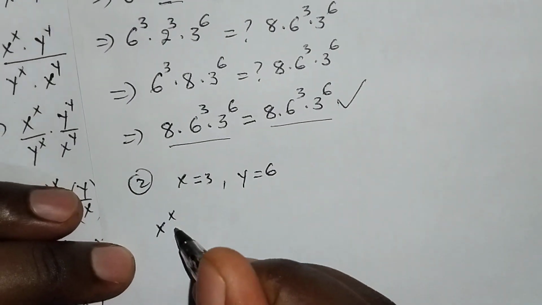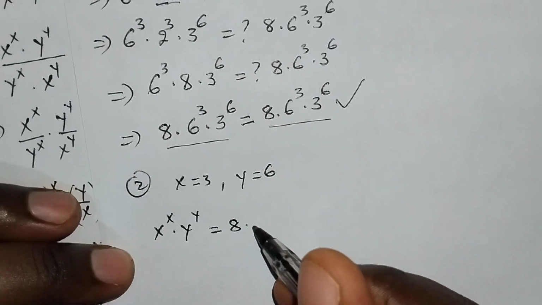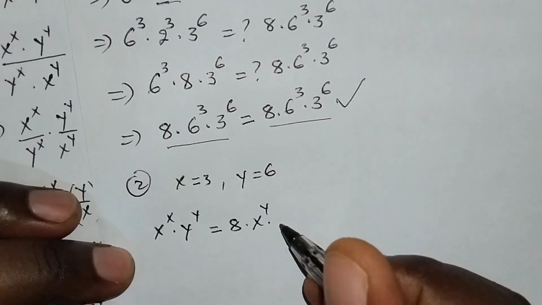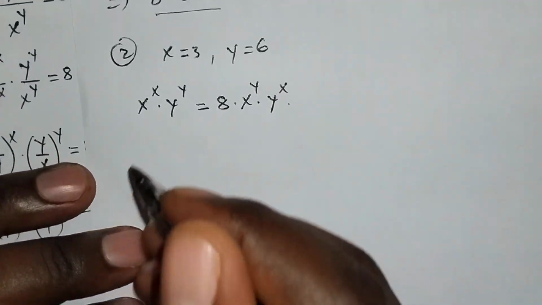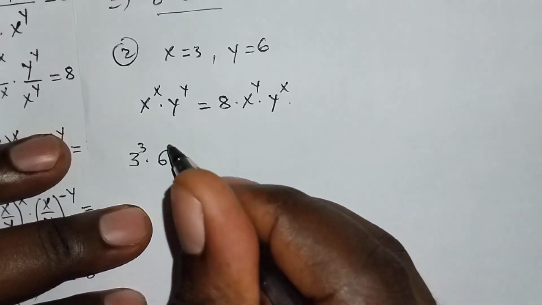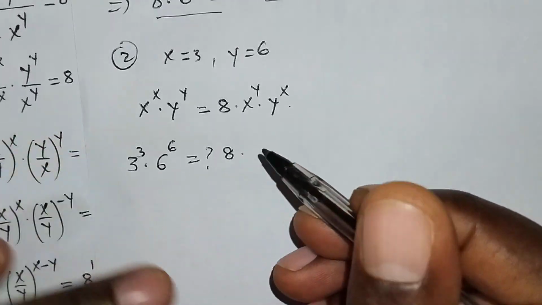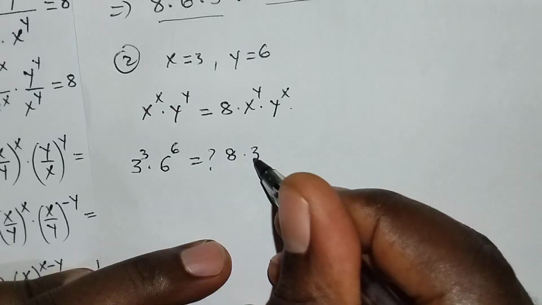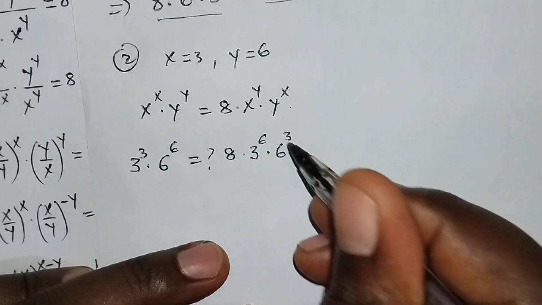X power x times y power y, is it equal to 8 times x power y times y power x? So 3 power 3 times 6 power 6, is it equal to 8 times 3 power 6 times 6 power 3?